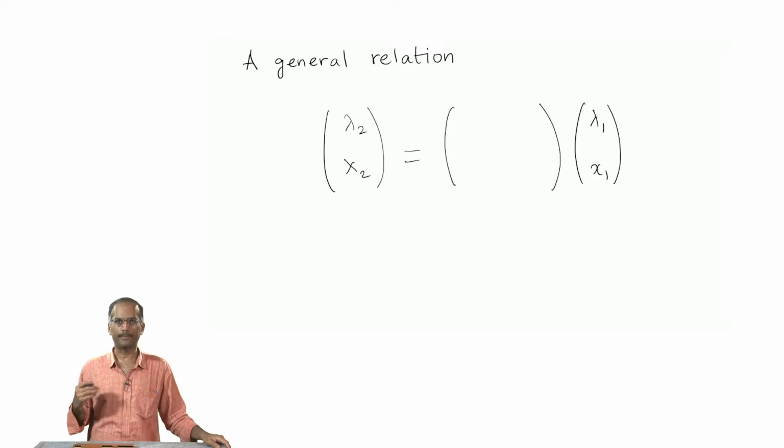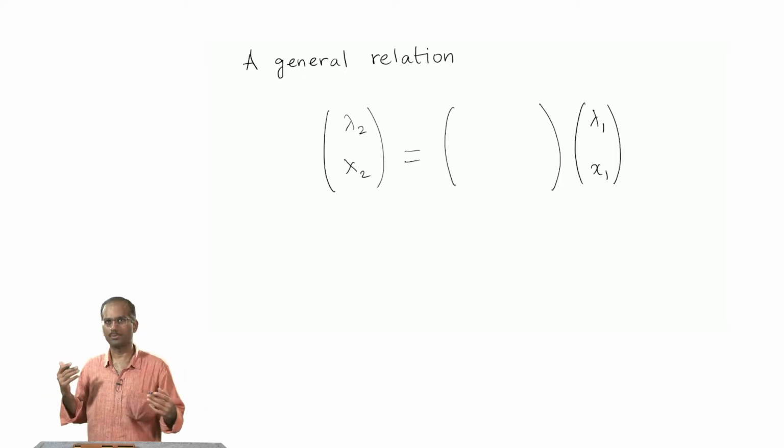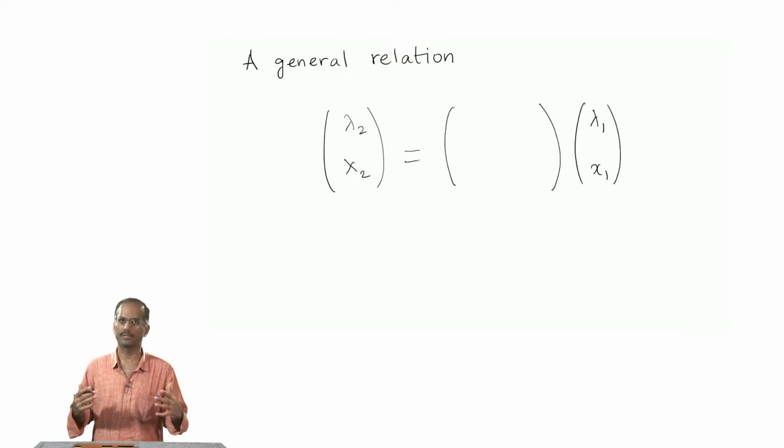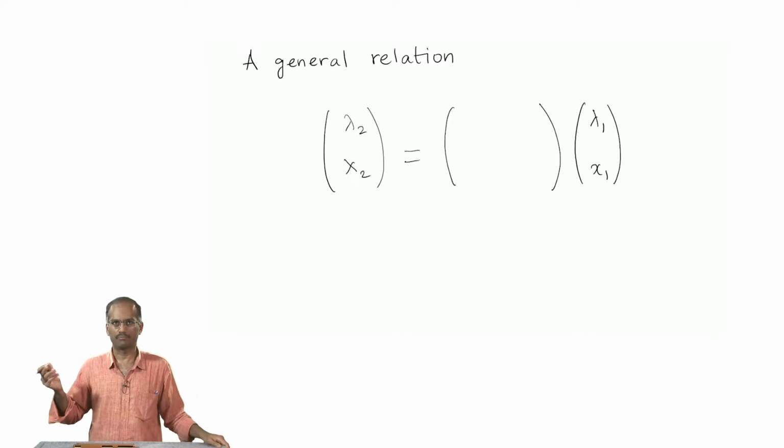Here, lambda 1, x 1 is your initial coordinate, and then the ray goes through a system of optics where many things could take place, translations, refractions, several of them in any order, and finally, when it comes out, you describe it by lambda 2, x 2.